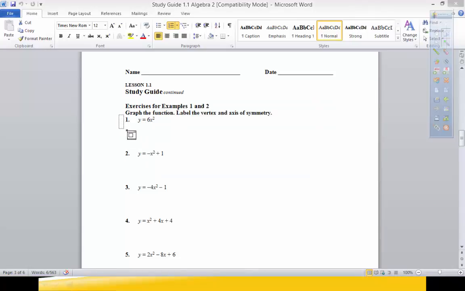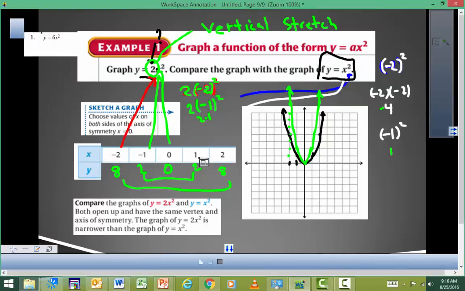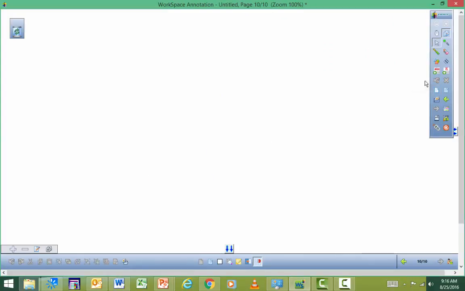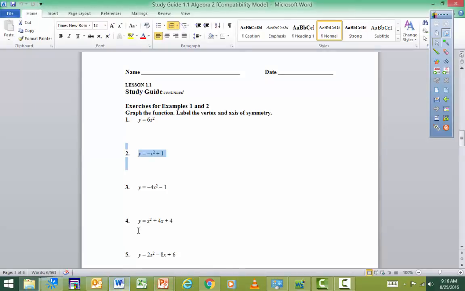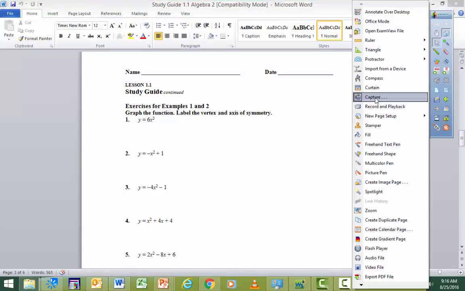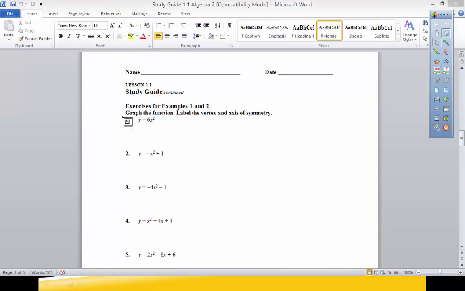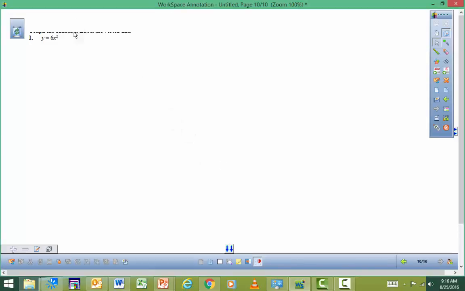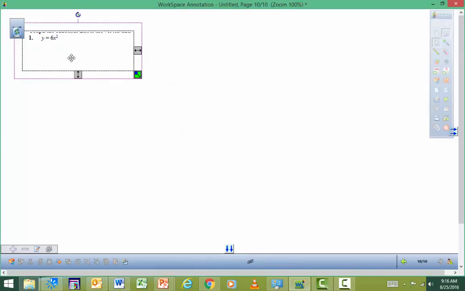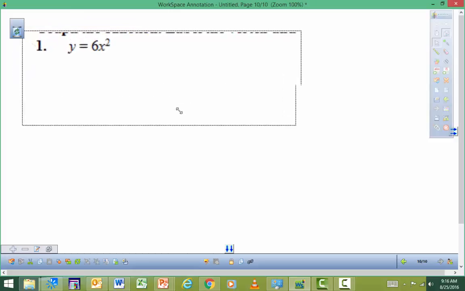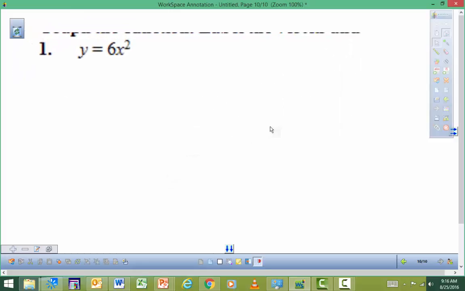I want to capture this guy right here. Oh shoot, I wanted it on a separate page. Alright. Yeah, you gotta do both. Let me show you real quick. Okay, so let me grab my capture tool again. Partial. Okay. Okay, it's sitting right here. Yeah, look at that. Yeah, I'm getting pretty good.